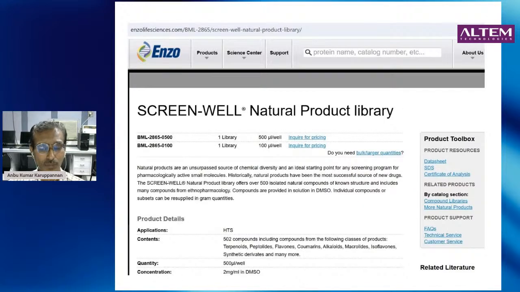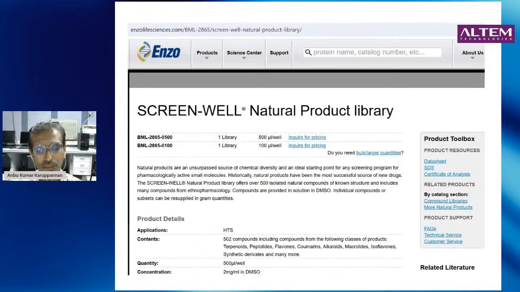So I obtained this library from him. This was from a company called Enzo, and I checked this yesterday again, and this company is still selling this library. It is called the Screen-Well Natural Product Library, and it has roughly 520 compounds. These 520 compounds comprise terpenoids, peptides, flavones, alkaloids, macrolides, isoflavones, and whatnot.